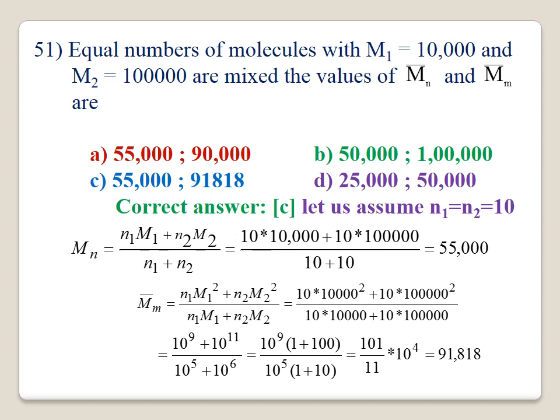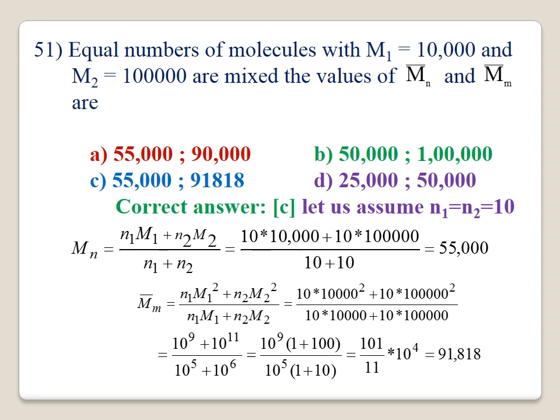That will be equal to 10 into 10,000 square plus 10 into 1 lakh square divided by 10 into 10,000 plus 10 into 1 lakh. The first term will be equal to 10 to the power of 9 and the second term will be equal to 10 to the power of 11, and the denominator is 10 to the power of 5 plus 10 to the power of 6.